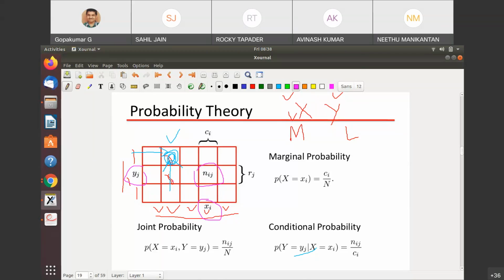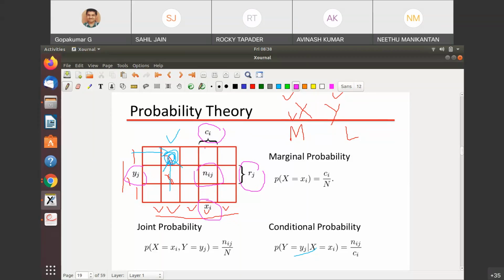One more thing, assume there are a total of ci points where x takes xi, that is, the total number of cases where x takes xi. Similarly, assume we have the count of all the cases where y takes yj.